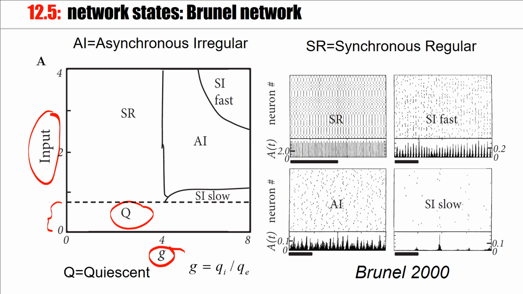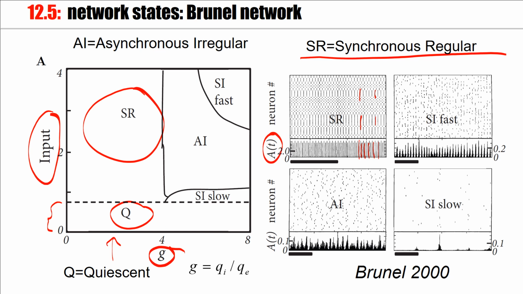If the input is above this line and the G factor is small, then we are in a SR regime, synchronous regular. And in synchronous regular, you see that different neurons line up visually in these stripes. And that means that neurons fire in synchrony. Not all of them, they might be shifted to each other, but you see here this regular firing pattern A of t.